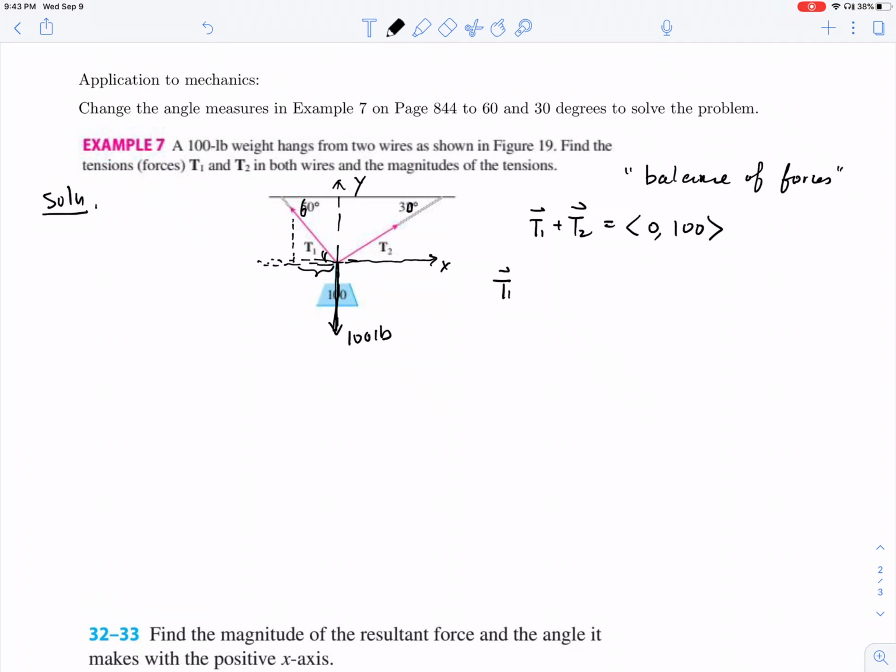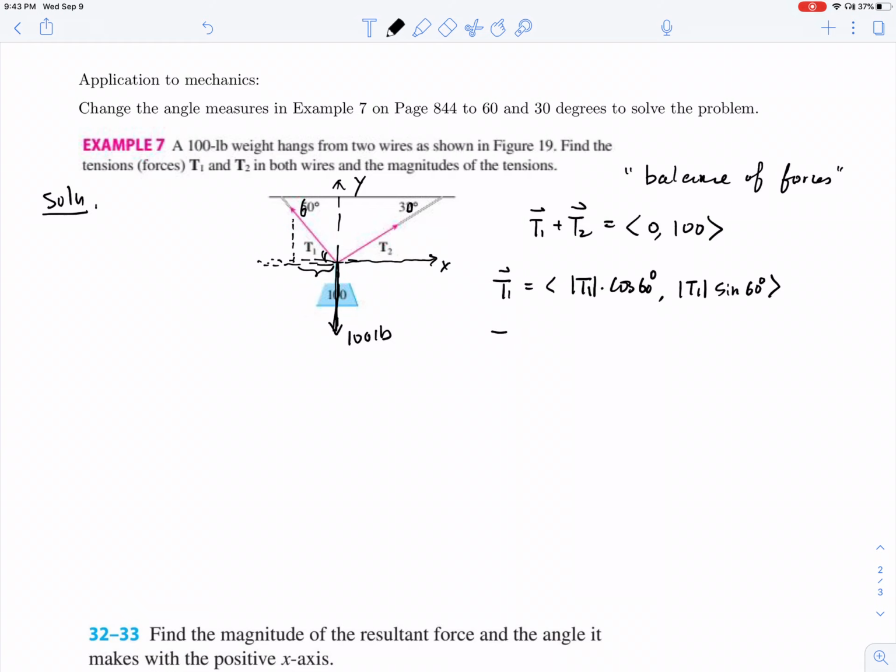So T1, the component over here, is going to be T1's length times cosine 60 degrees. And the vertical direction component is T1 times sine 60 degrees.